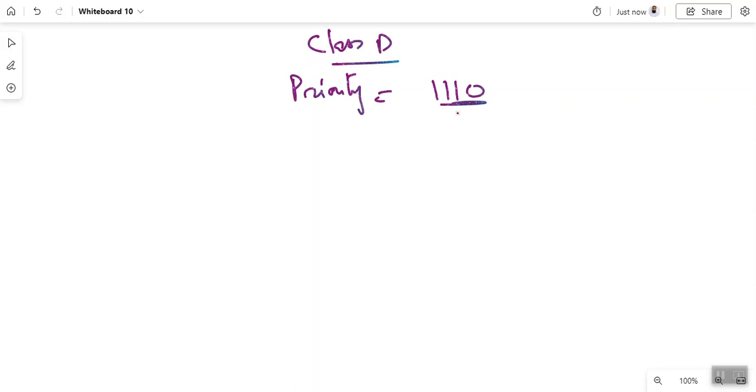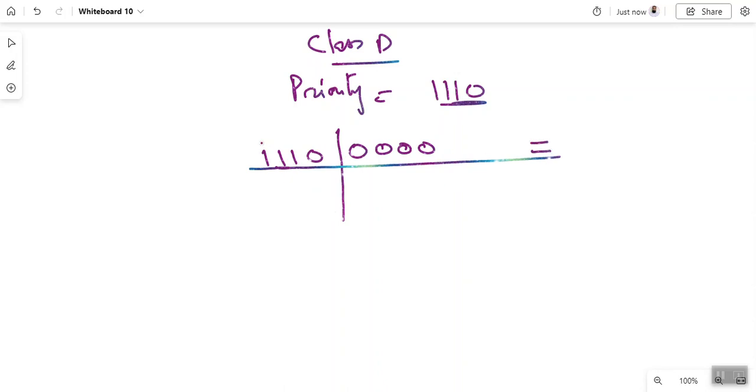When the other 4 bits are zeros, the first IP address is 128 plus 64 plus 32, which equals 224. You can add these numbers, or subtract from 255, to get 224.